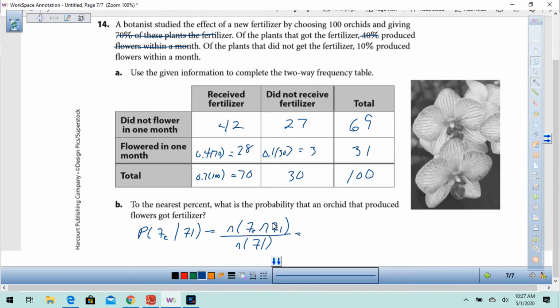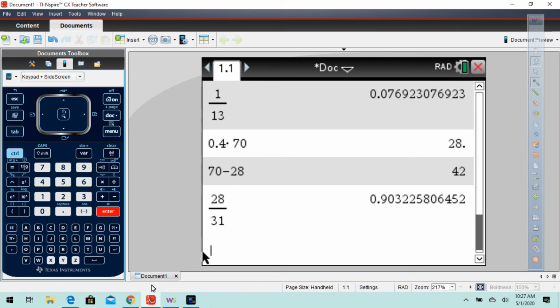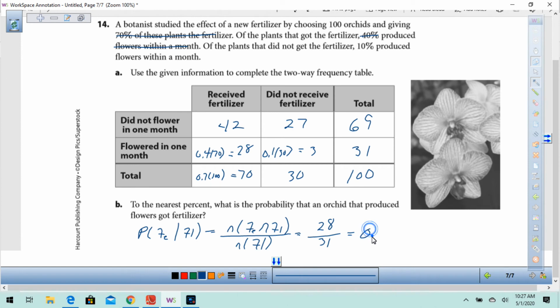Fertilizer intersection flowers, I'm getting 28. And flowered would be 31. 28 divided by 31, I get 0.90. So 90% of those did their thing.